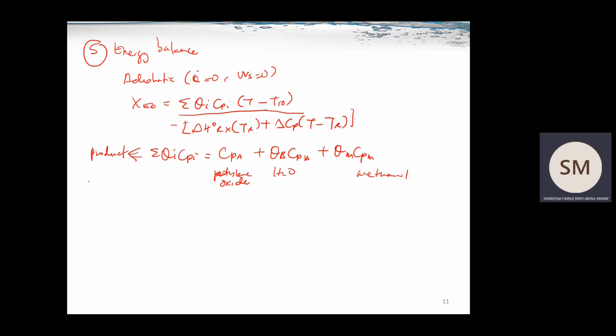Okay, remember kalau theta I, okay, let's say the product is theta C. So theta C is equal to FC naught over FA naught. Okay, at time 0 there is no product. Okay, so that's why dia akan kosong. So that's why this part we only consider for reactant. Okay, so just put the value here. Okay, carilah dia punya theta ni and you will get this one. Okay, and then delta HRX.